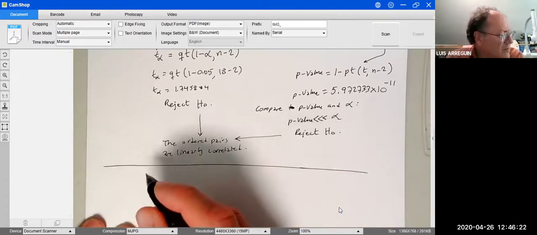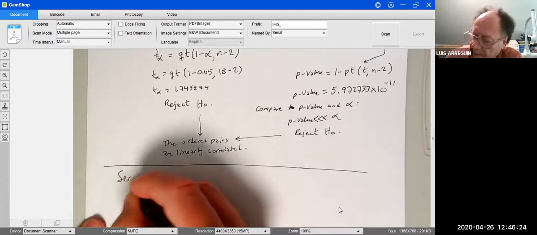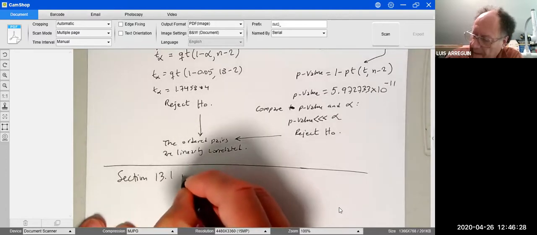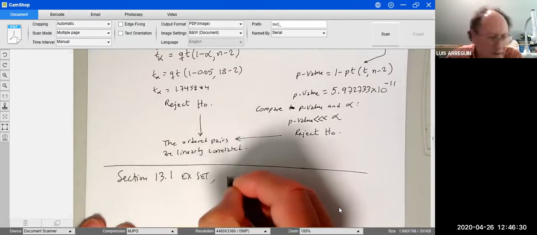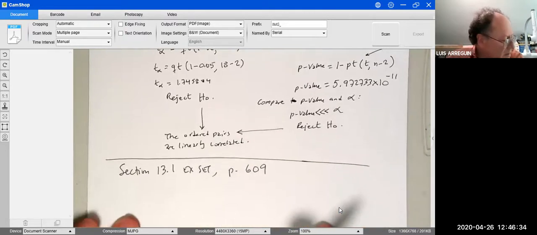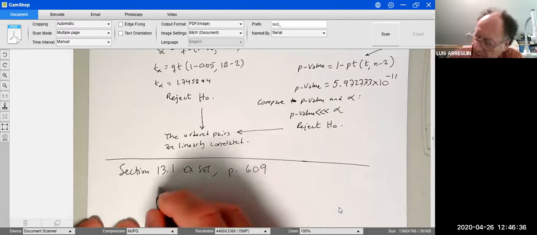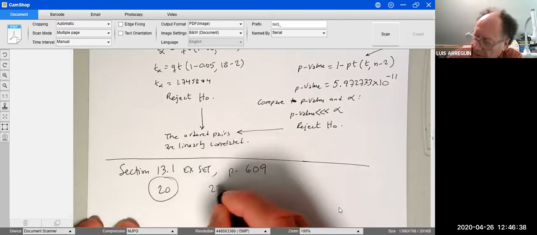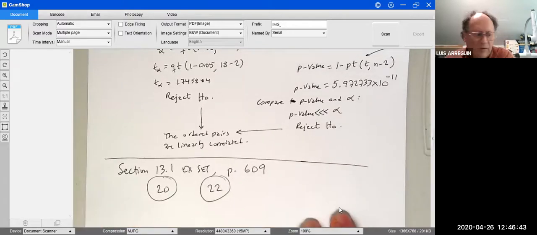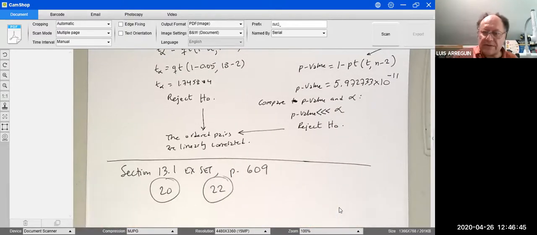These problems are from section 13.1, exercise set on page 609. You're going to work problems 20 and 22. So I'm going to show you now the problems. Please take screenshots if you don't have your book.